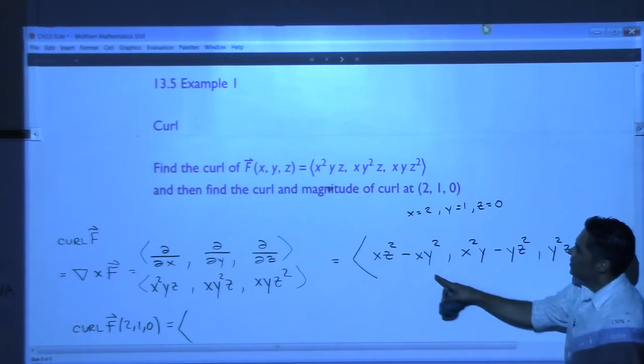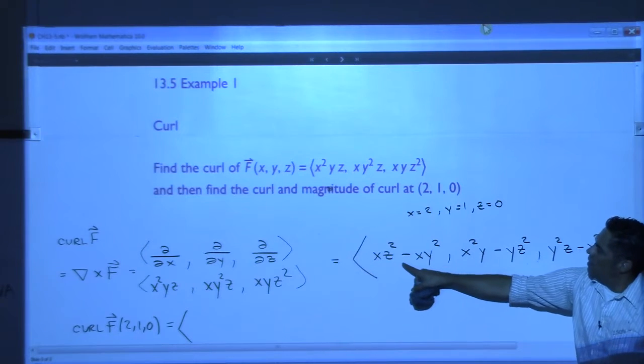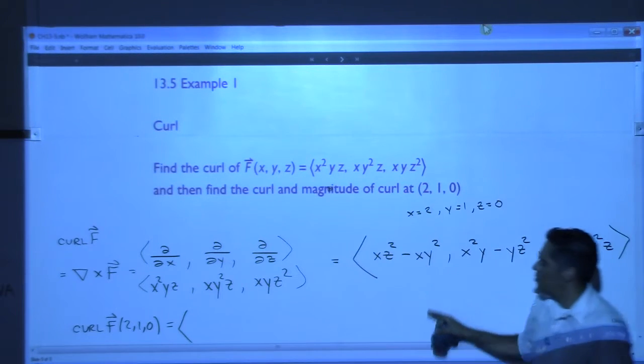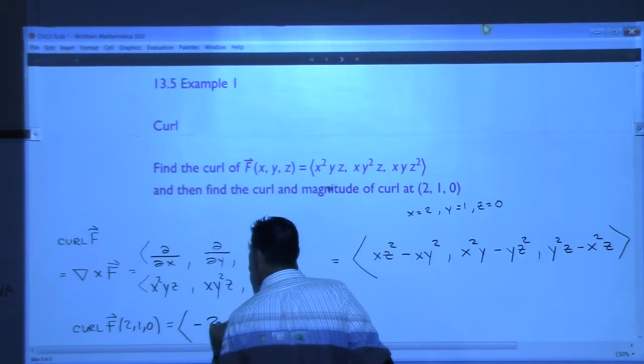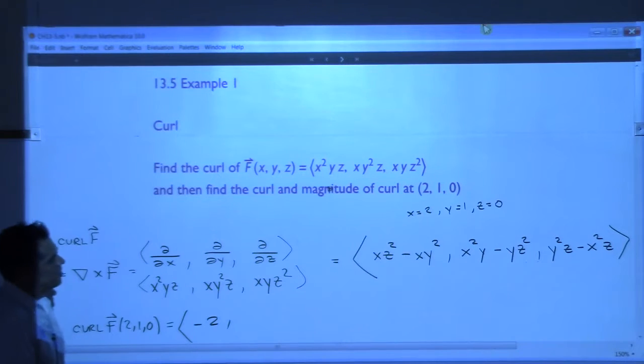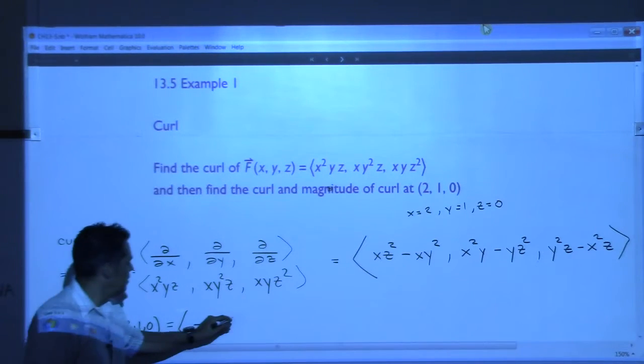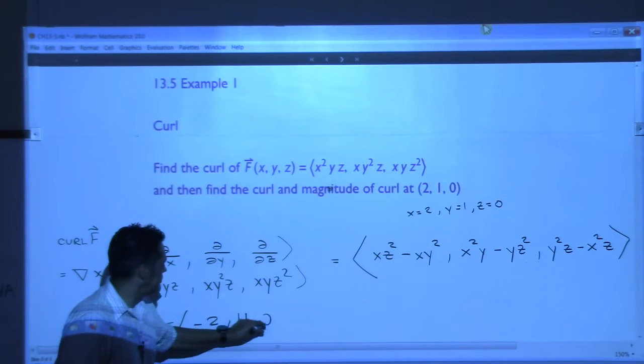The first one is 0, and then here, that should be minus 2, right? So the first component is negative 2. Second component, x squared y, should just be 4 minus nothing, because z is 0. And the last one is 0.